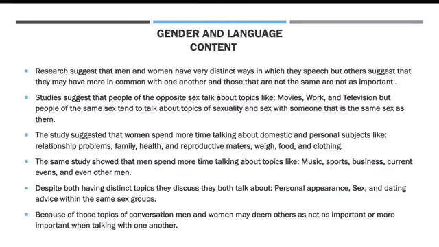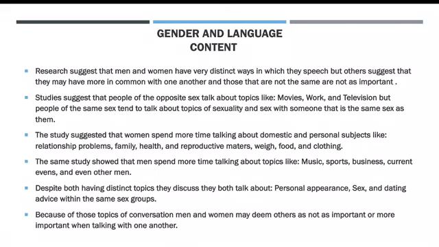Gender and language. Research suggests that men and women have very distinct ways in which they speak, but other research suggests that they may actually have more in common than we were initially led to believe, and that those very small differences between them may not actually be as important as we initially thought.